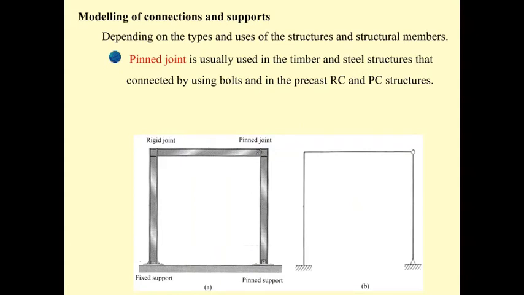Next, we also need to model the connection and the support, not only make the assumption of linear elastic behavior and small deformation. On the structure, there are two parts where you need to make some assumptions.